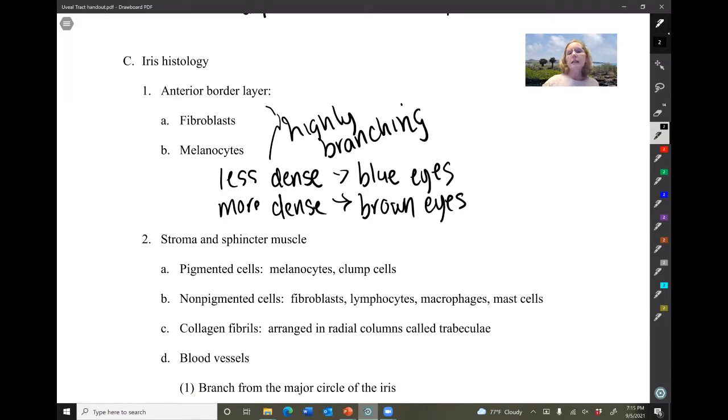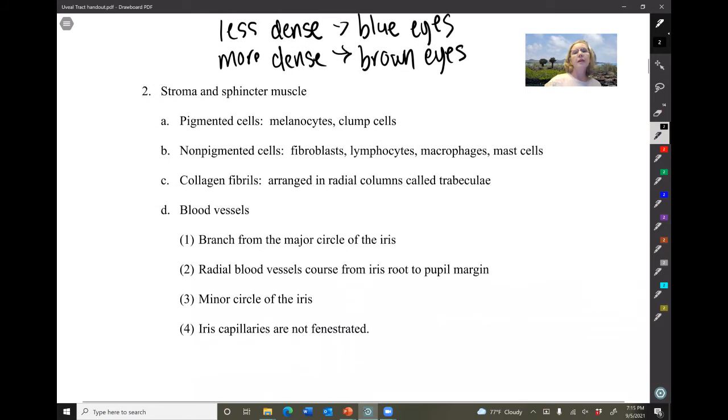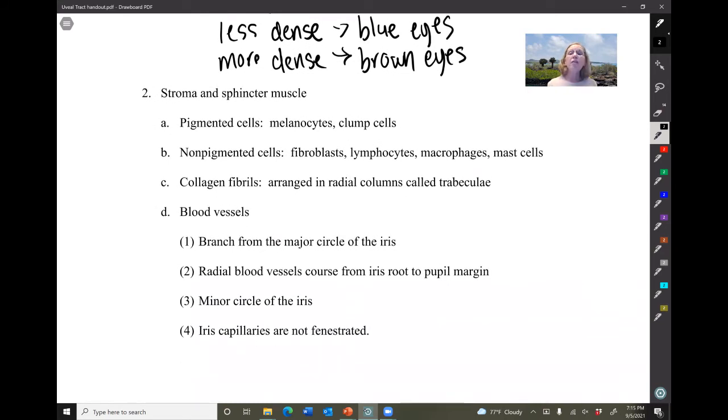The next layer histologically, as we continue to move posteriorly in the iris, is the stroma and the sphincter muscle. Now, there are a lot of types of cells in the stroma, both pigmented and non-pigmented cells. Some of the pigmented cells are melanocytes and clump cells.